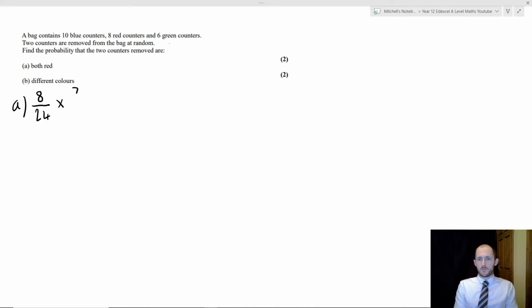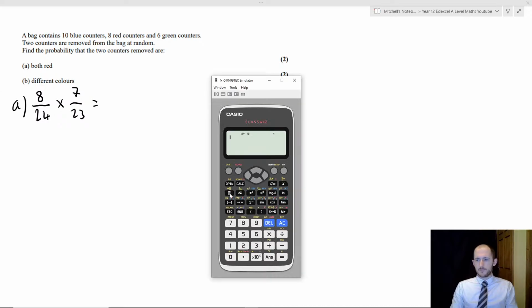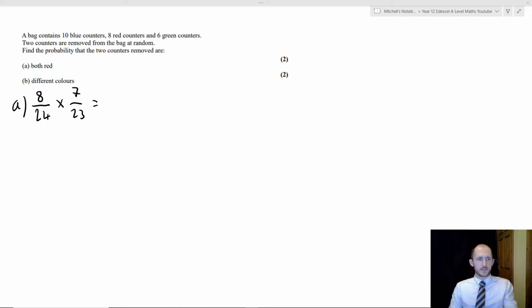Multiplied by, well, there's 1 fewer red counters and 1 fewer counters overall. That gives 7/69.